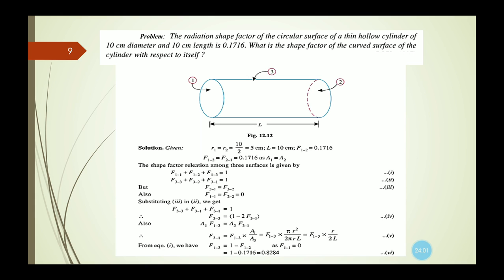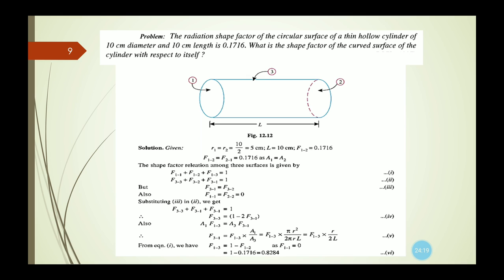So let us discuss the next numerical based on this similar concept, which is the salient features of the shape factor and the reciprocity relation. Here a cylindrical object is given.